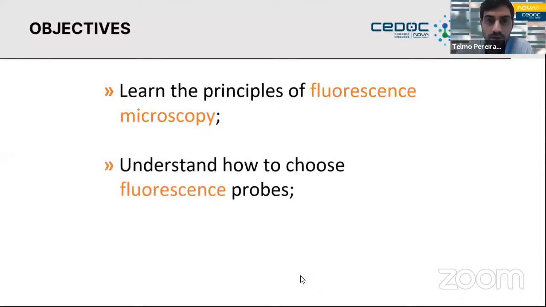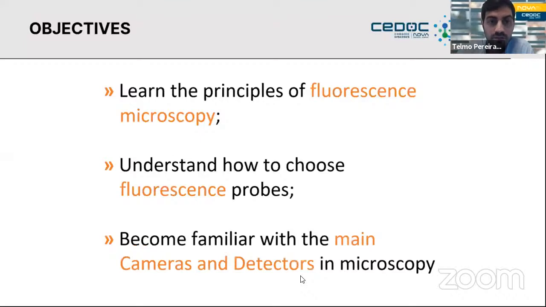I will also want to show you how to choose your fluorophores and why you should choose one instead of others, and also just to give you an idea on the main cameras and detectors that you can use in microscopy, and each advantage and disadvantages of each, so you can make better choices while you are acquiring your images.